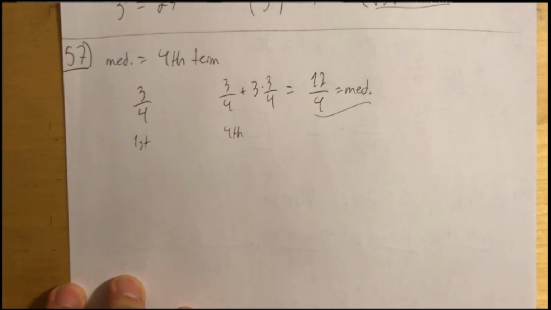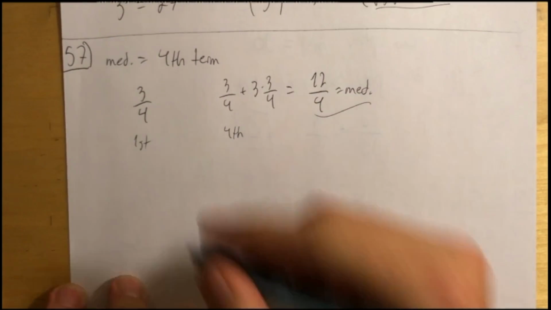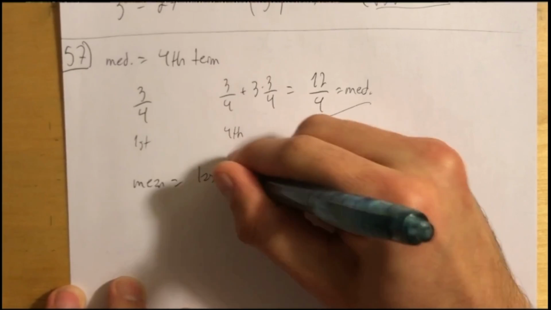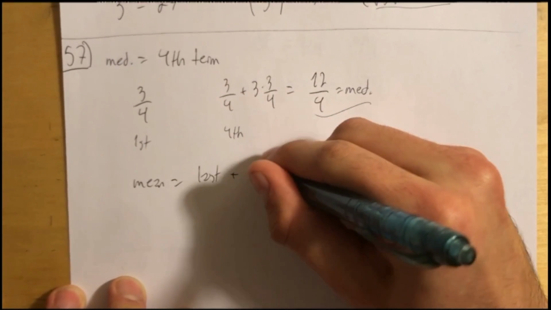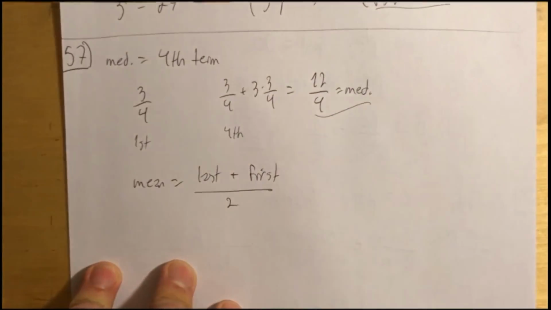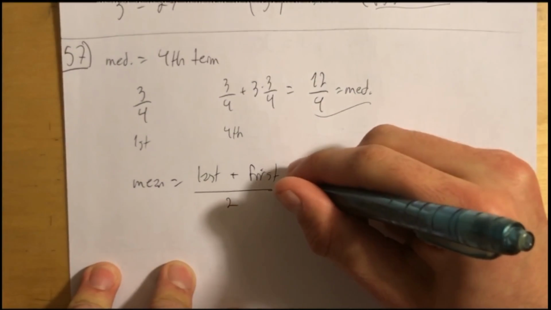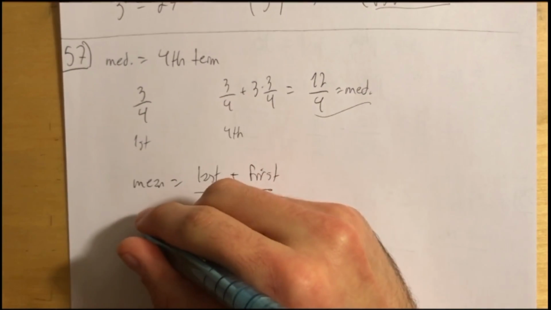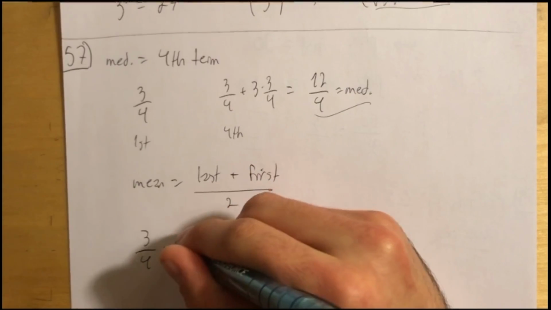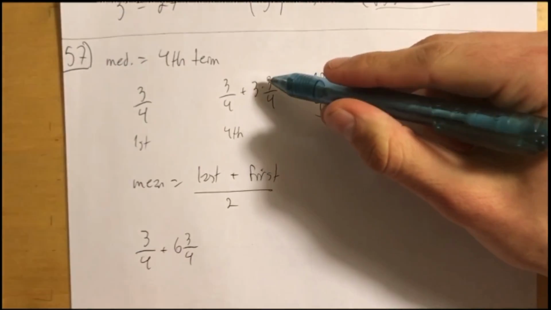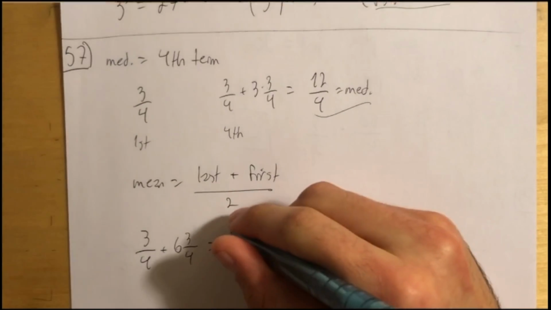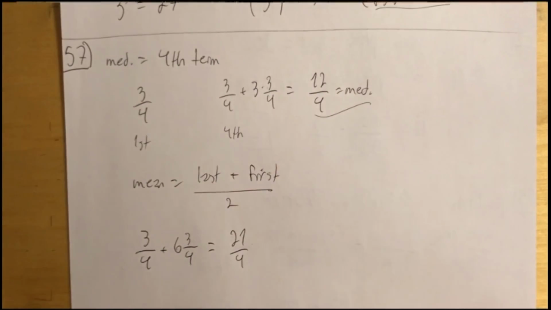And then the mean will be the average of all terms, which can be calculated as last term plus first term divided by 2. So then the last term is just 3 over 4 plus 6 times 3 over 4, same train of thought that we did here, which is 21 over 4.